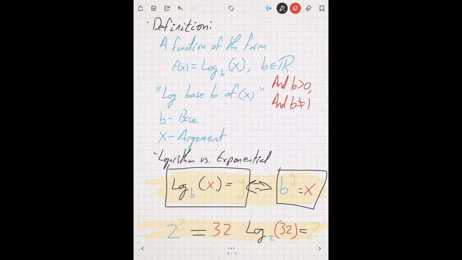Okay? You have to be greater than 0, and you can't equal 1. You can't have a base value of 1. So this, I would say, is our full official definition of a logarithm with our new restrictions added in.